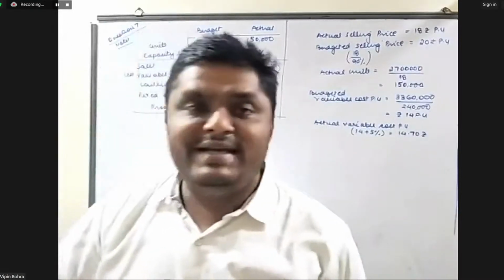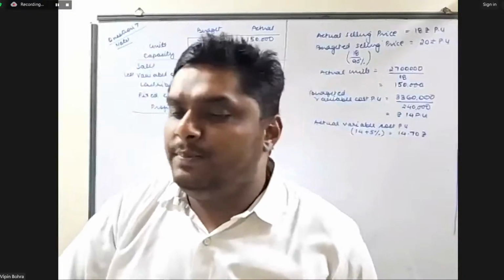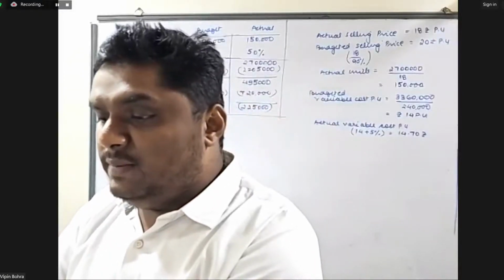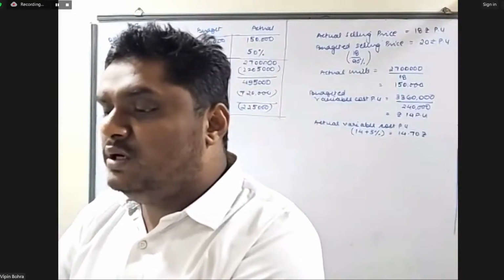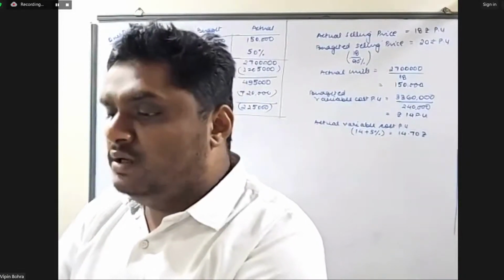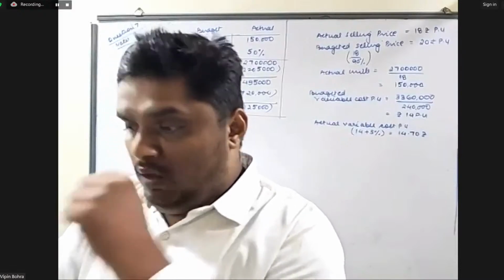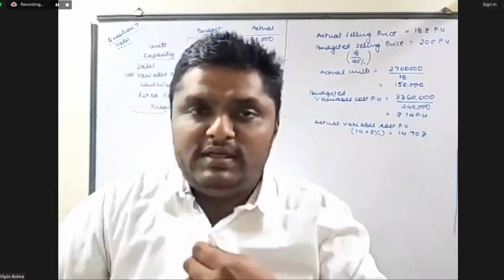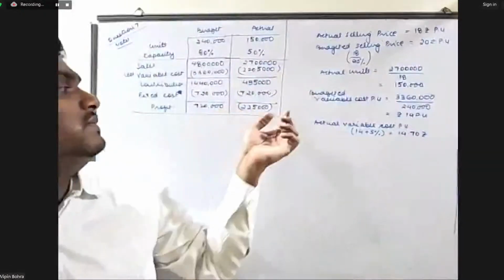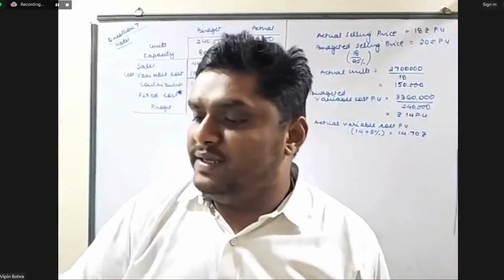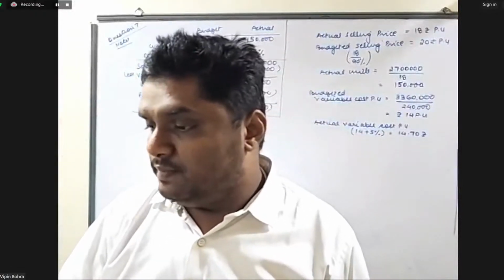Now the data is ready, so you can easily calculate the PV ratio and the break-even sales in units of the actual sales activity. So this part you can solve it on your own. The major thing was to prepare the statement, that is the budget and the actual statement.